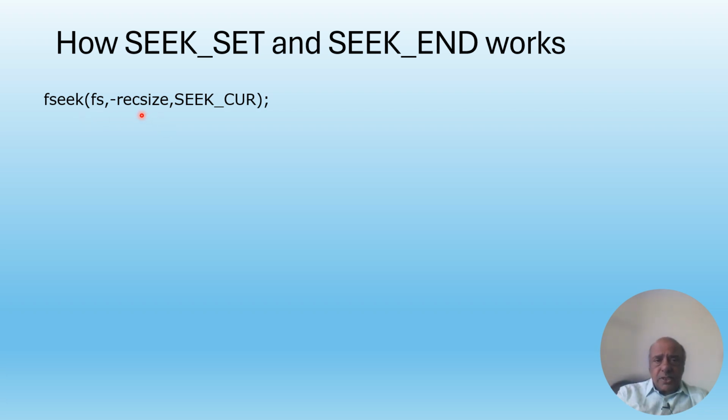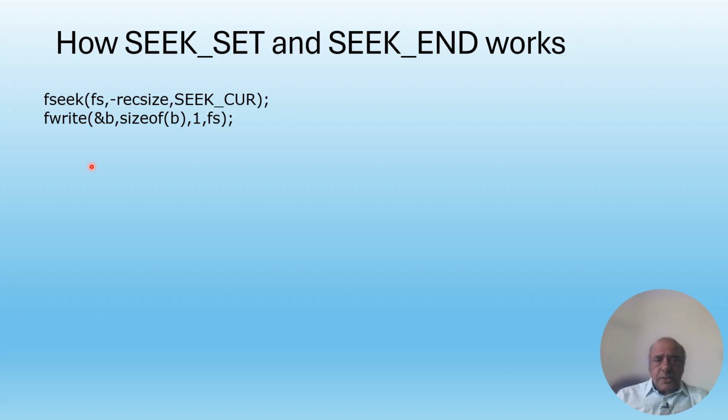By the record size bytes. From where? From the current pointer position. So after fseek executes, our pointer moves to the record BBB, which actually was currently at the position of the record in the file named CCCCC.